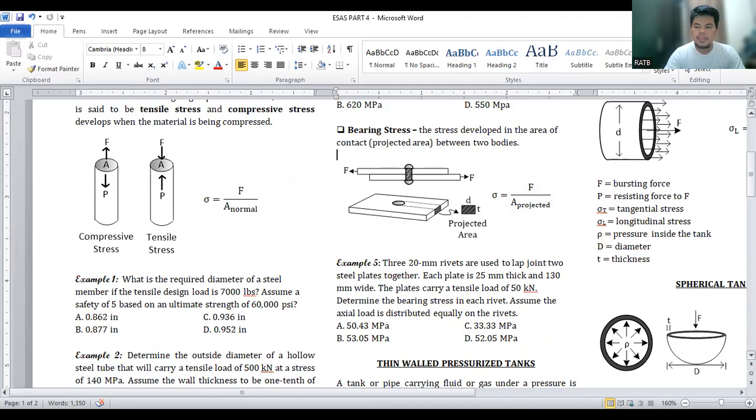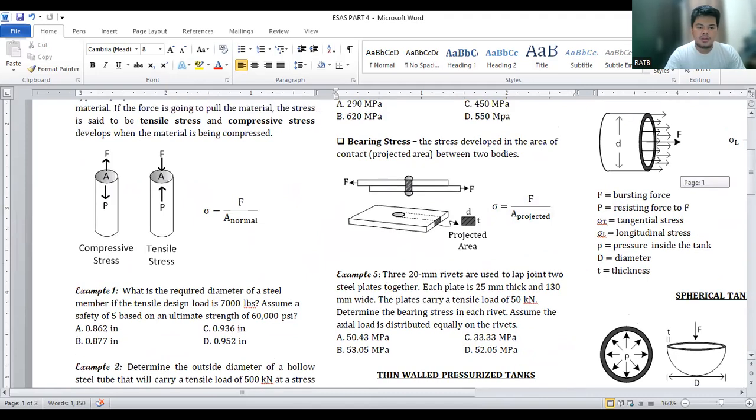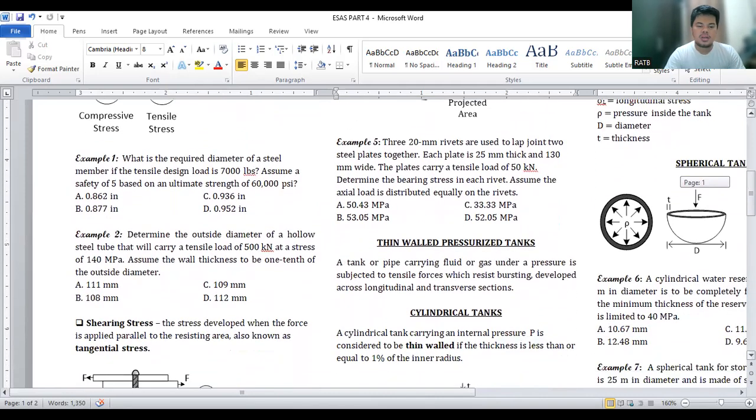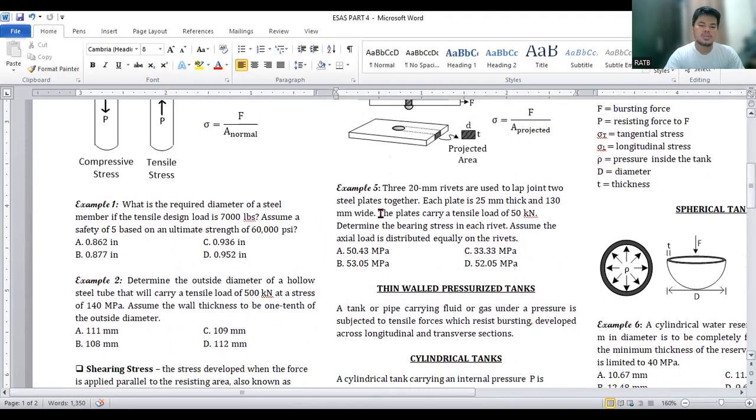Okay, so now we will proceed to the next five examples, which will illustrate the concept of the simple stresses as presented: the normal stress, the shearing stress, and lastly, the bearing stress.